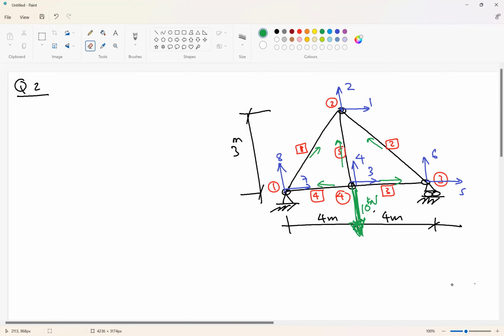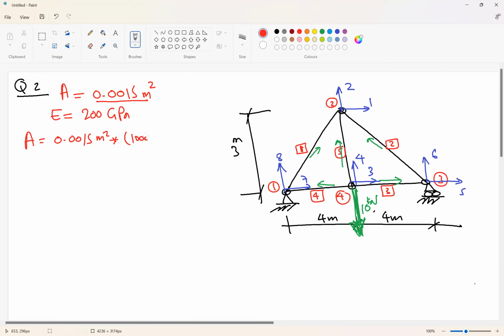Okay, so it is given that the area of these members is 0.0015 meter square. The elastic modulus is 200 gigapascal. To make it easier, I will convert to millimeters. So A will be 1500 millimeter square.